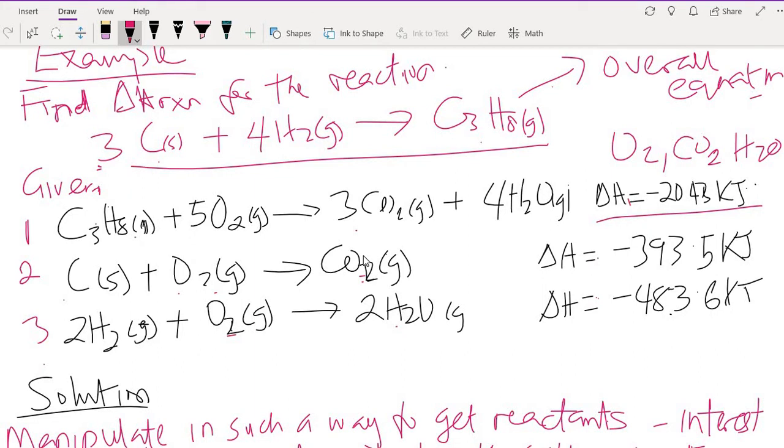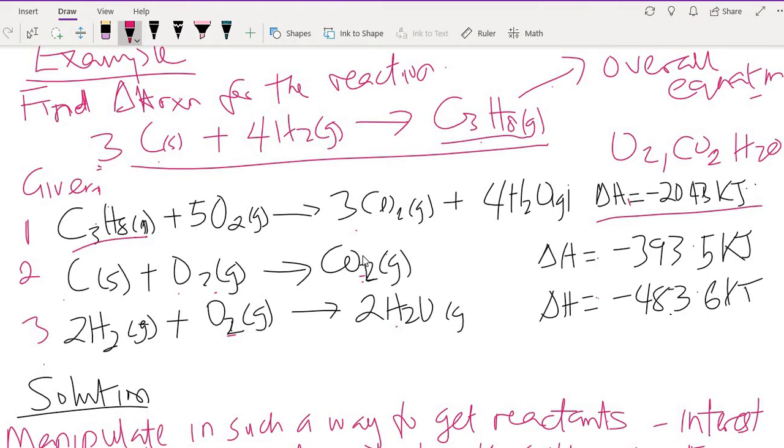Alright, so our product of interest is C3H8. If you look at the first equation given here, our C3H8 is on the reactant side. So we need to make sure that our product of interest is on the product side.